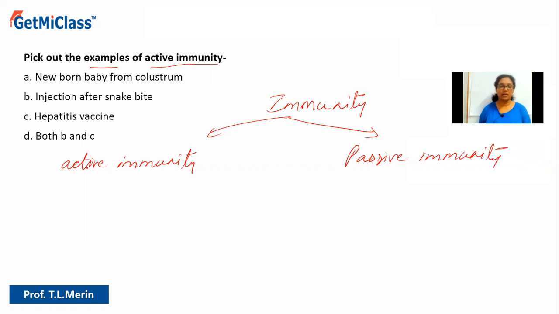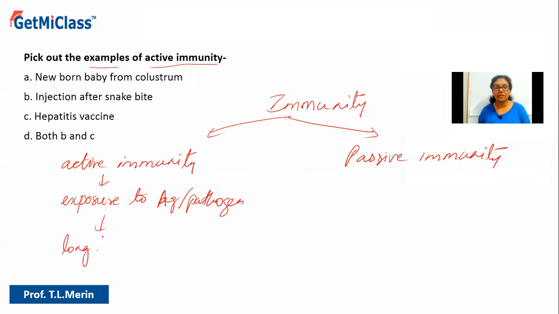Now, when we say active immunity, prior exposure is necessary, exposure to the antigen, or you can say the pathogen. It takes a long time to be recognized, and then it produces antibodies against these antigens.